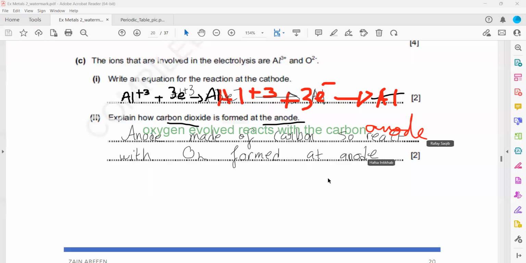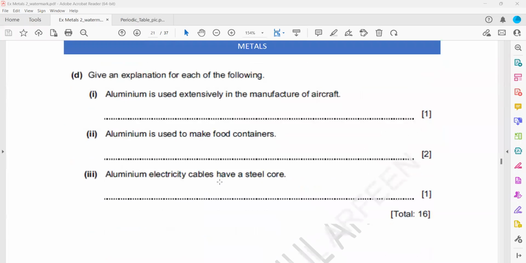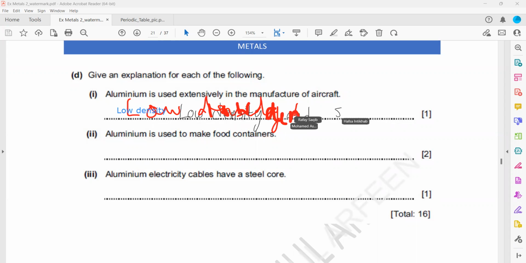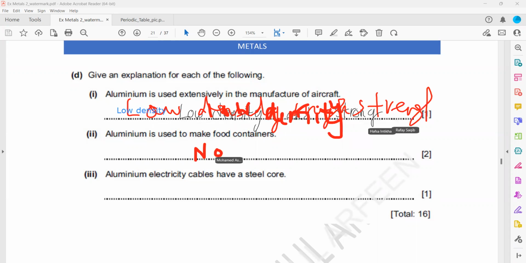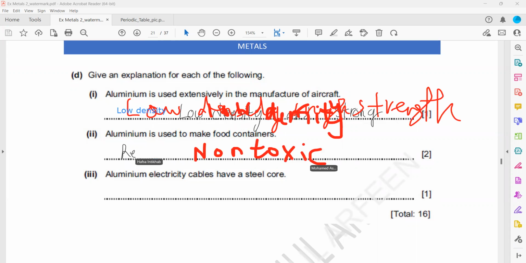The next page, quickly I'll move to the next page because about a minute is left. Give an explanation of each of the following. Aluminium is used extensively in manufacturing aircraft. What is the reason we use it for aircraft bodies? Low density, and strong as well. And it resists corrosion.